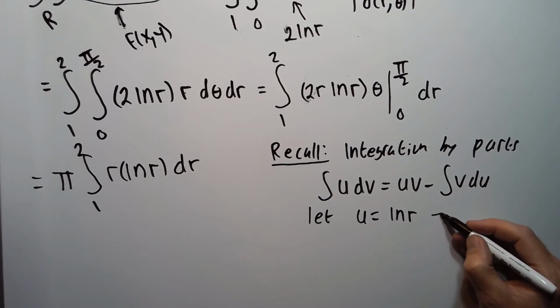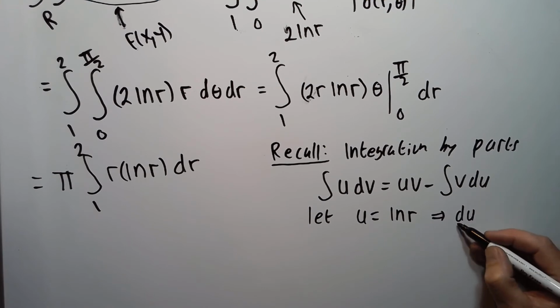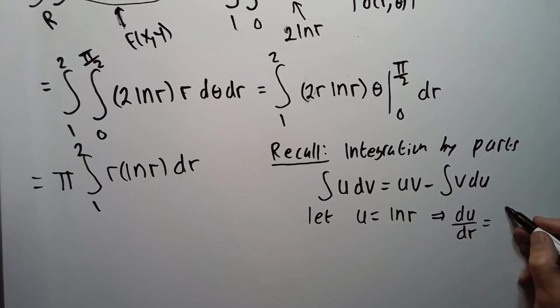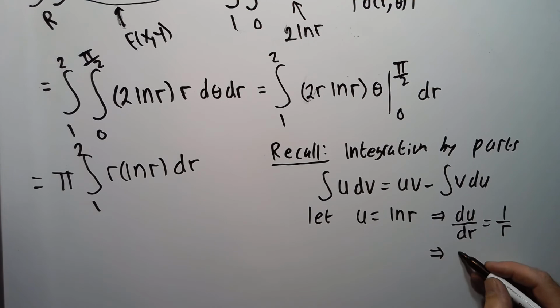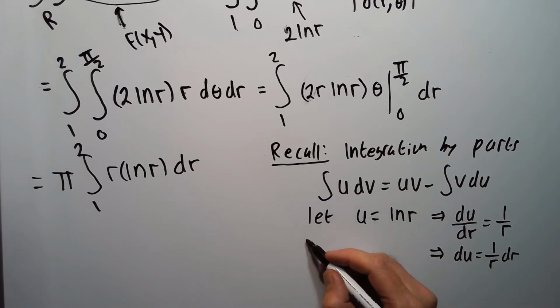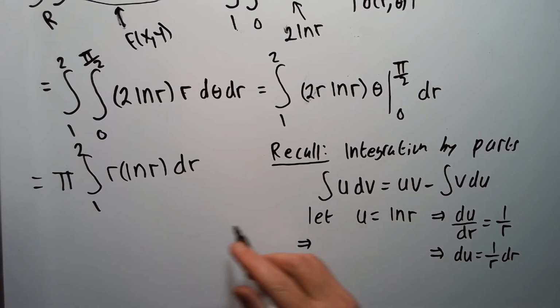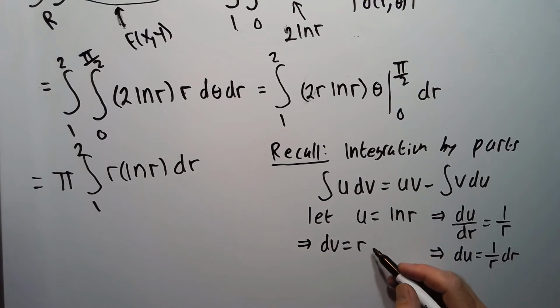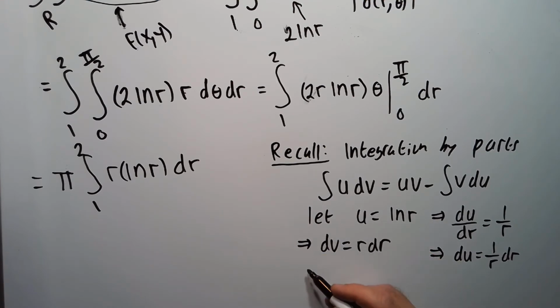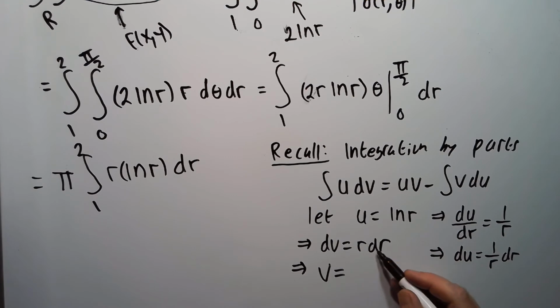Then du/dr equals 1 over r, so du equals 1 over r dr. Then dv would be r dr. So integrating both sides, we'll have v equal to r squared over 2.